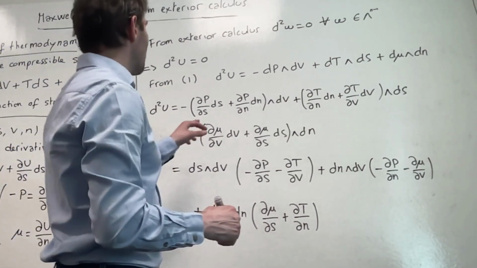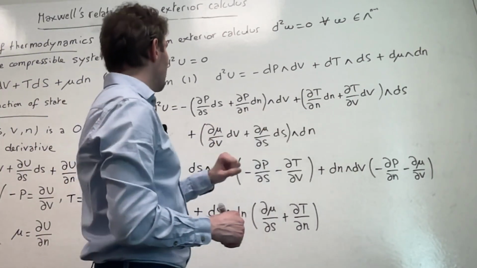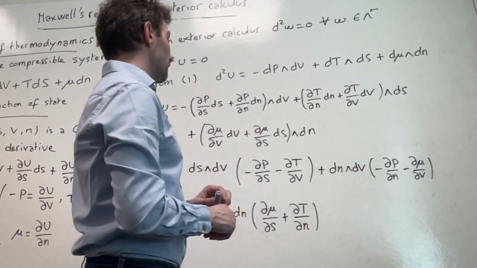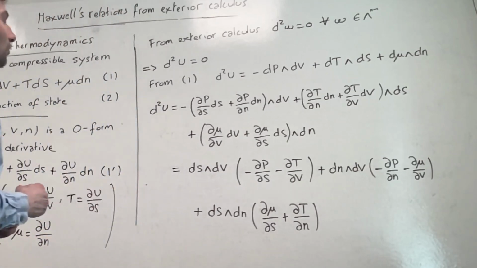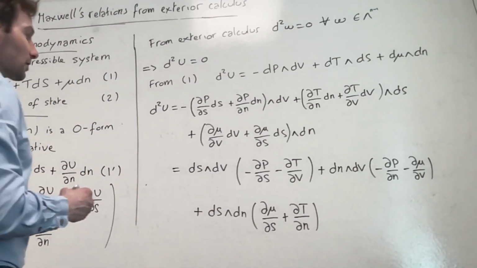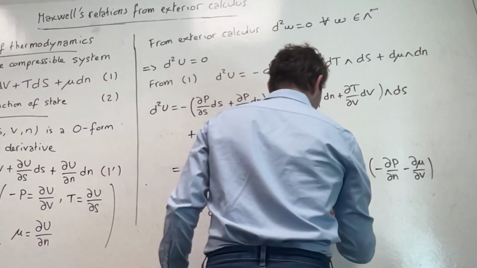Okay, so here again I've got ds dv, dn dv. I'm just trying to see if I made a mistake somewhere. And this basically has to be equal to 0.